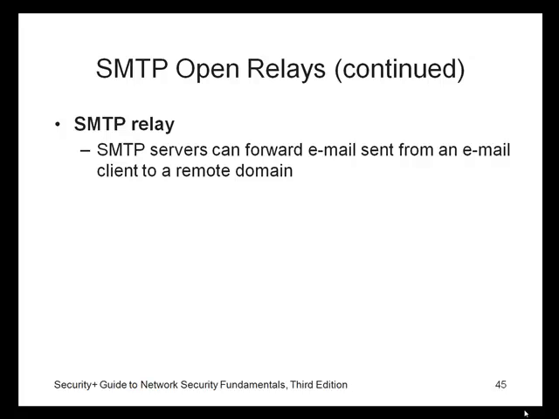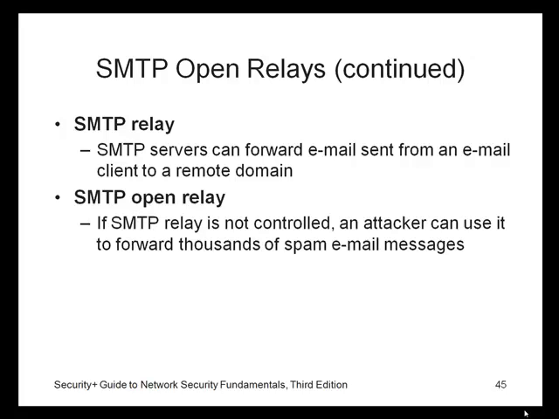SMTP relay, the servers forward email sent from one email client to a remote domain. If we send it from skyline.edu to cox.net, it's got to get from the skyline.edu domain into the Cox domain in order to deliver it to that user. An open relay is one that's uncontrolled, and there are configurations in the SMTP to specify who you're going to take emails from.